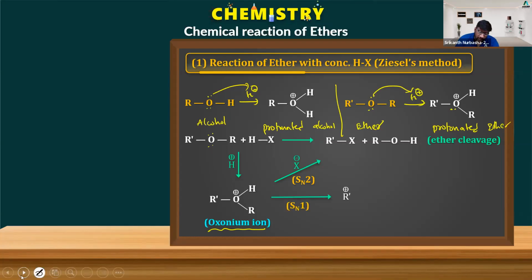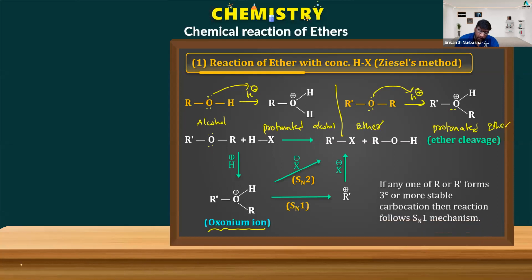SN1 happens whenever you generate a tertiary or more stable carbocation. If I cleave the carbon-oxygen bond and can generate a tertiary or more stable carbocation, then only SN1 is followed. If I am generating a secondary or primary carbocation, then you have to go with SN2 attack.